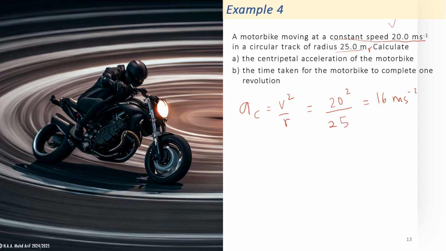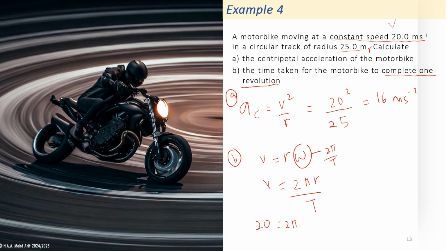And for B, the time taken. So we know that v equals rω, for 1 complete revolution. And we know that v equals 2πr over T, because ω is 2π divided by T. So v is 20, r is 25, and T we don't know.